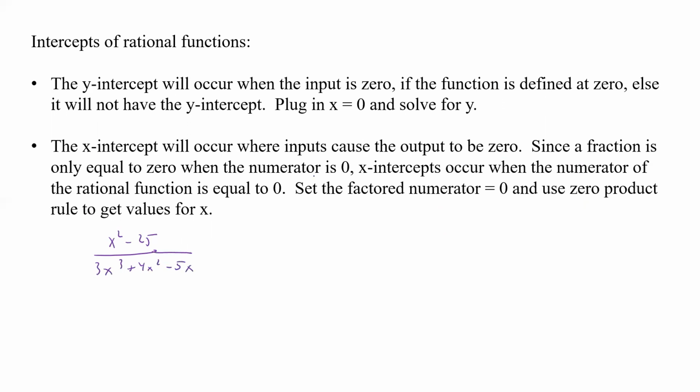To find the x-intercepts, we take x squared minus 25 and set that equal to 0, so x minus 5 times x plus 5 equals 0. So x equals 5 and x equals negative 5. Those are our two x-intercepts. That's how we can use our rational fraction to find our x-intercepts. All right, so let's stop there and we'll come back for more.